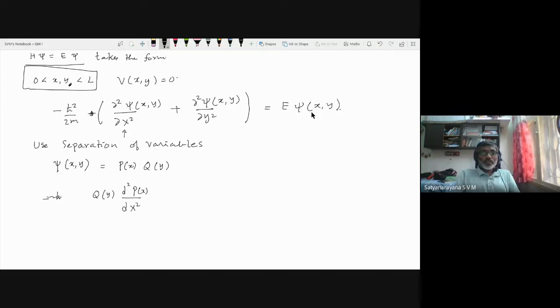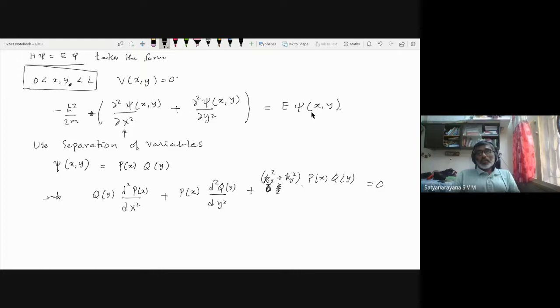Plus, in the second term, p will come out, and d square q of y by dy square, plus, I would call this k square, or simply kx square plus ky square, into p of x into q of y is equal to 0.